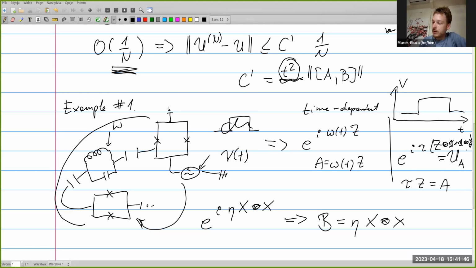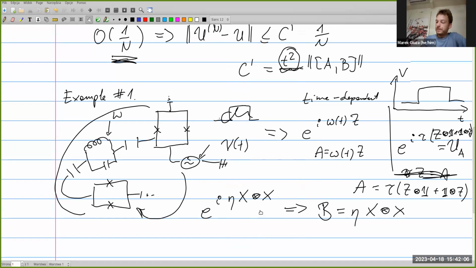I will rewrite it in a moment. So in the case of twice independently here and here, doing that operation, I would have z tensor identity plus identity tensor z.